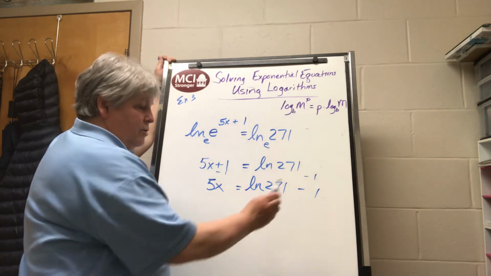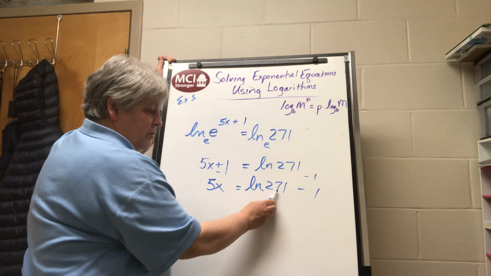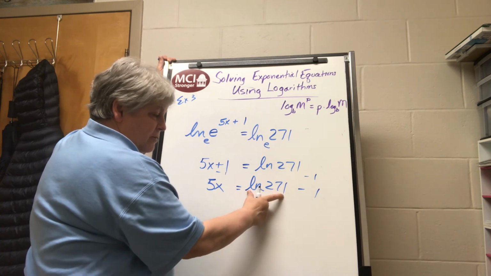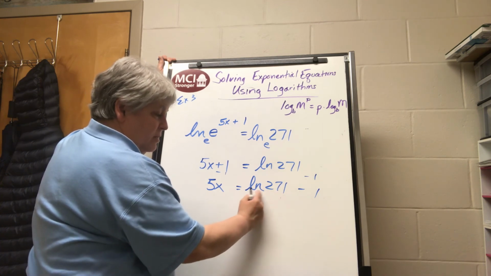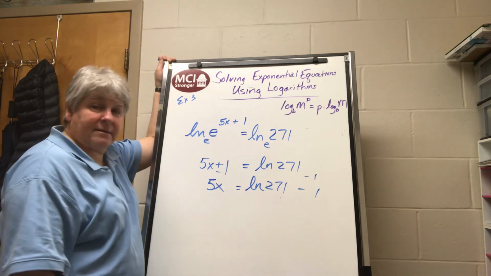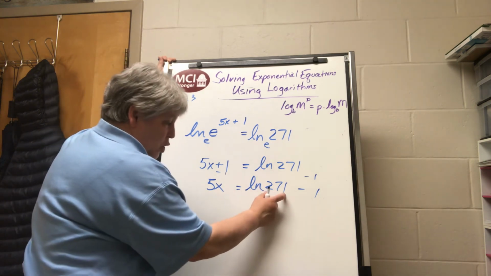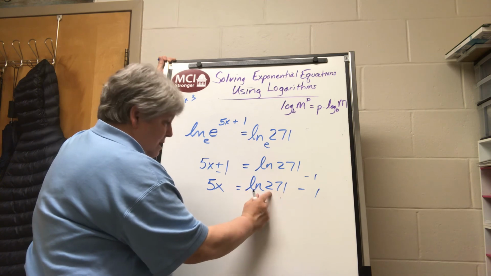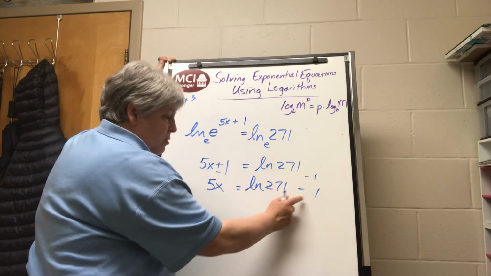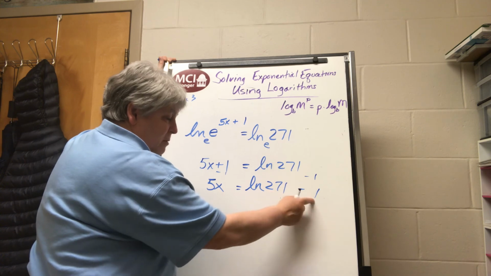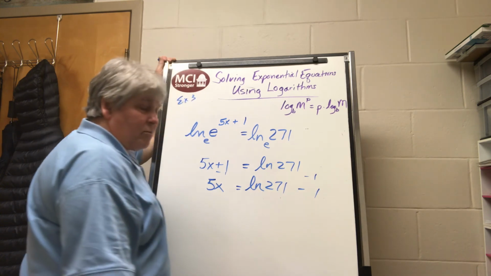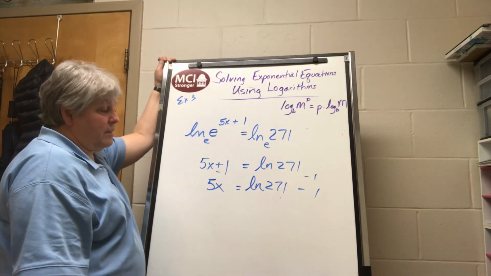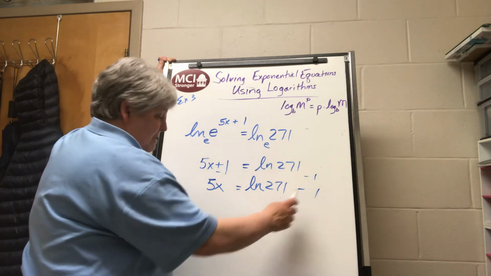Don't think you should subtract 1 from this number. Remember this, they're married together. Till you take the log or rewrite in exponential form, this belongs to this, and the whole symbol means something. So you're never allowed to play arithmetic with the argument and some other term that adds or subtracts or multiplies or divides. So it's going to stay just like that.